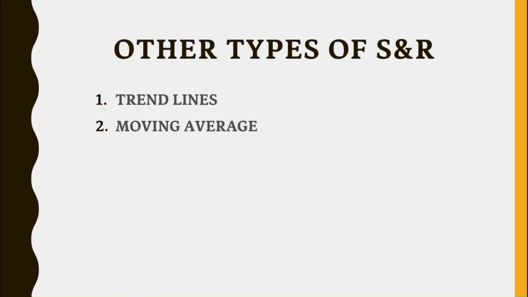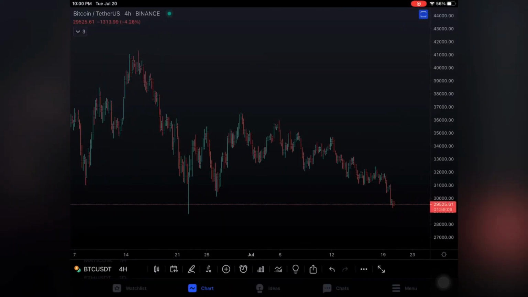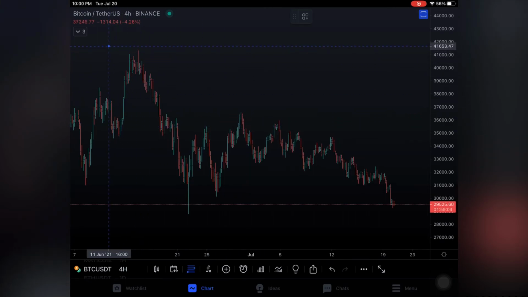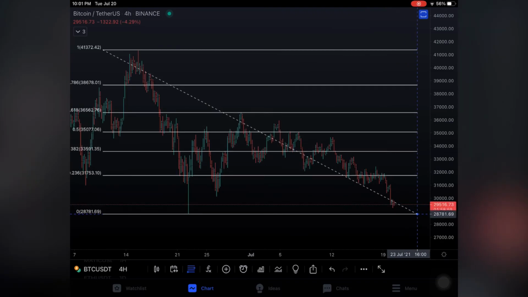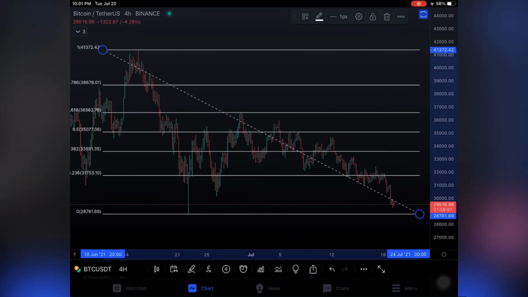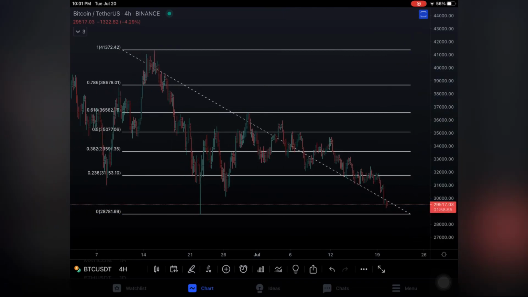Now lastly, the most famous Fibonacci retracement tool can also act as a support and resistance level. So dito naman tayo kay BTC USDT in the 4-hour time frame para maiba naman. So here's how to use Fibonacci. So draw the Fibonacci retracement from the swing high up to the swing low.